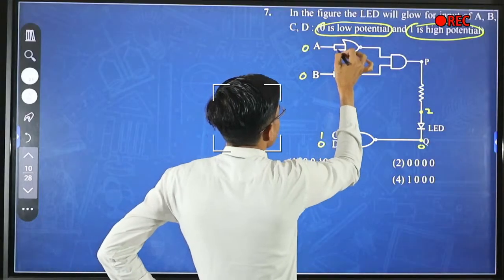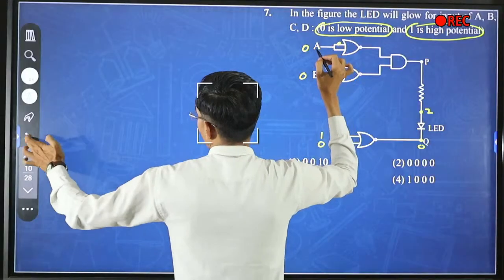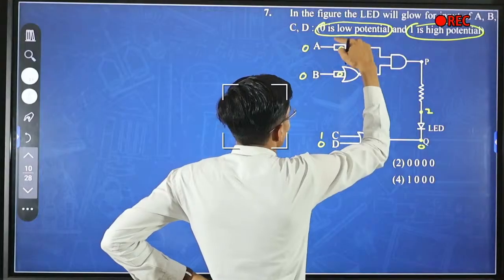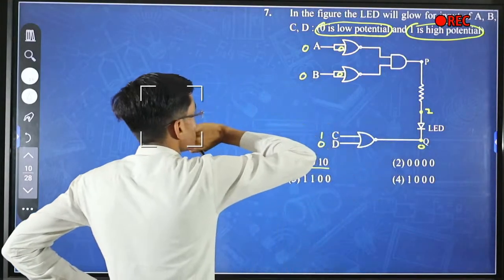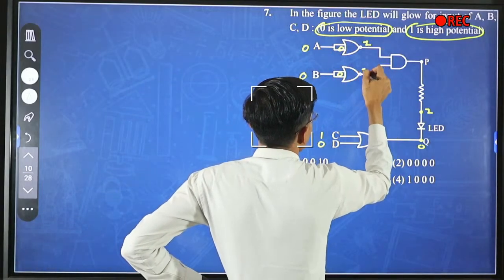So here is 0 0. So this is short circuited. So input at this point is 0, at this point 0. Okay, so inverse of 0 is 1. Inverse of 0 is 1.